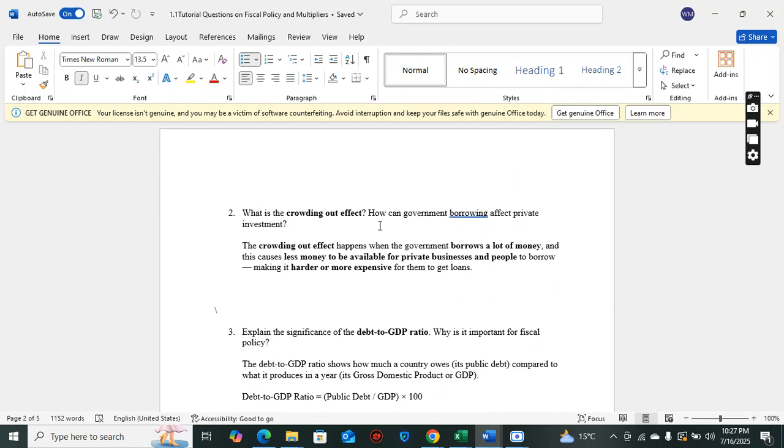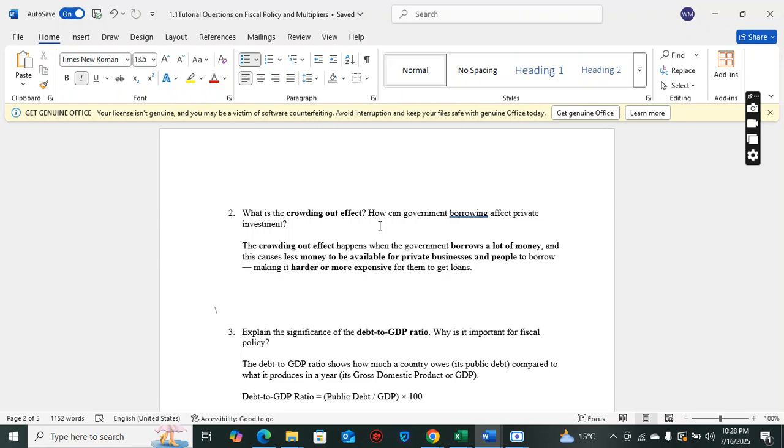The effect of that is that those businesses and other people who need to borrow money will be charged high interest rates, because the government has taken most of the money out of the banks.